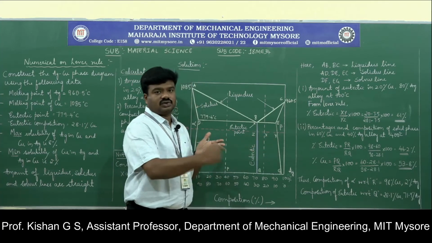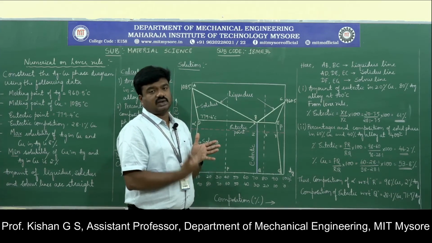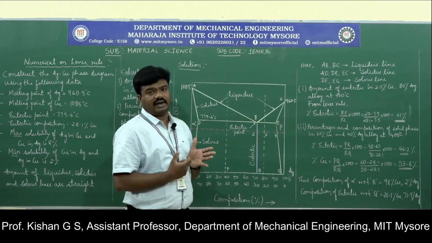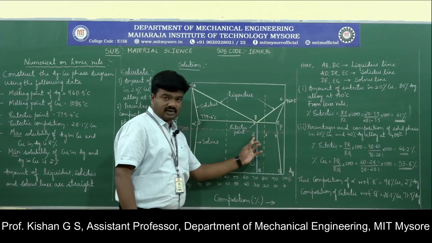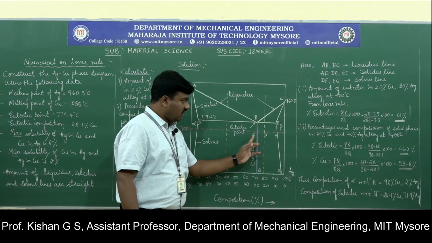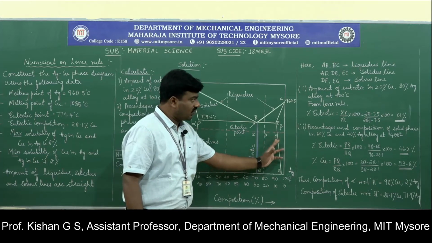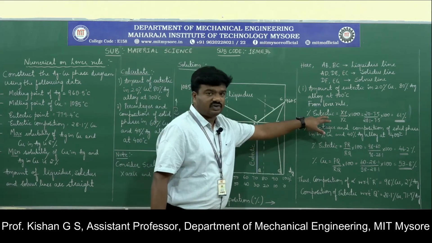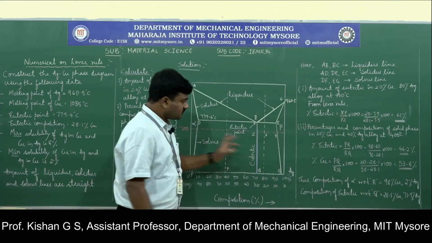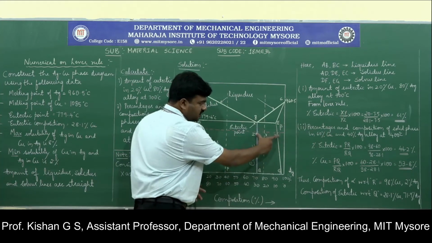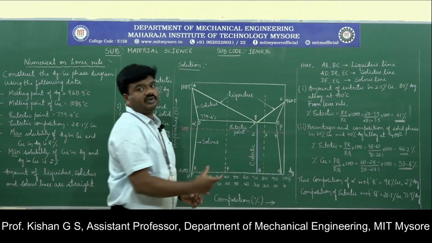So the overall length of the arm to that of the opposite arm of concern represents the percentage of what we are in need of. Since the overall length can be taken as yz here, in order to identify the eutectic we have to take the opposite arm, that is xy. Hence the percentage of eutectic is xy by yz into 100. This entire representation has to be taken with scale here.